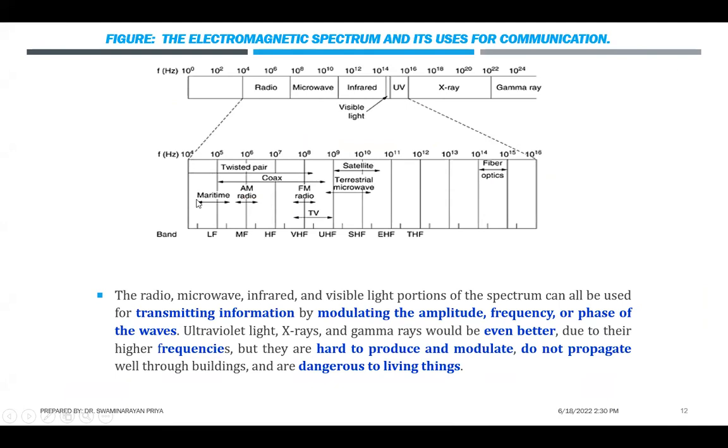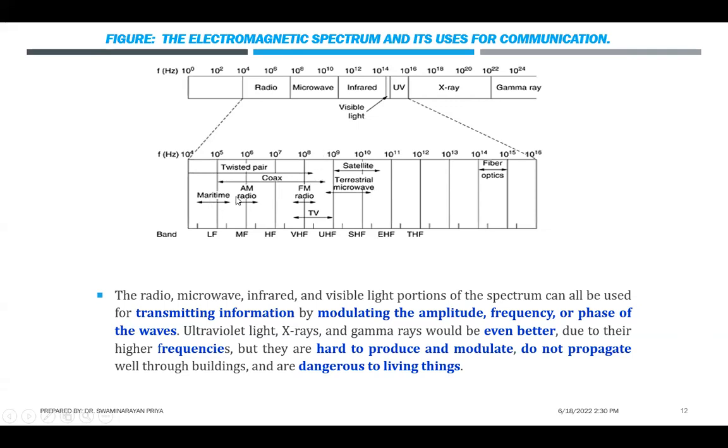In this figure, you can see this is the range for twisted pair, right? Twisted pair has a frequency range of 10⁴ to 10⁸ hertz. But coaxial cable has more layers, right? Because of more layers, we can achieve more data rate, and its frequency range is 10⁵ to 10⁸.